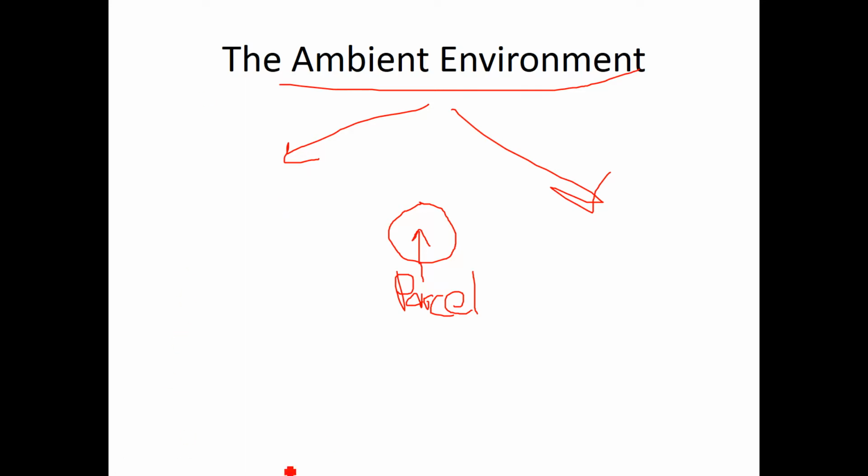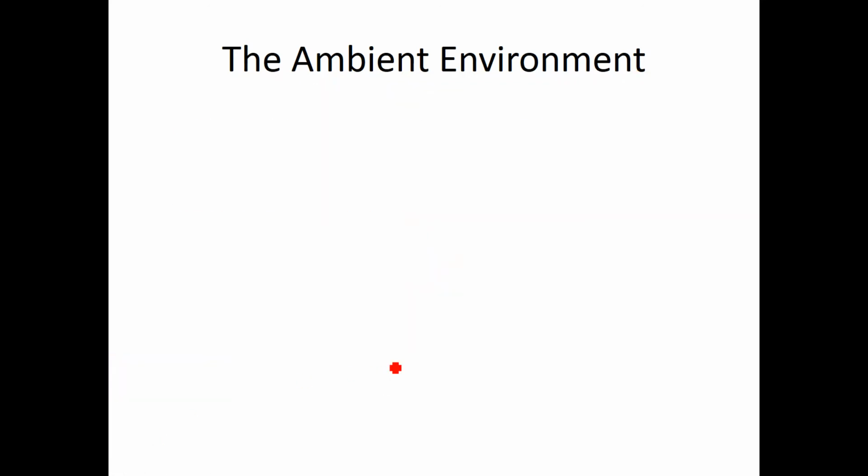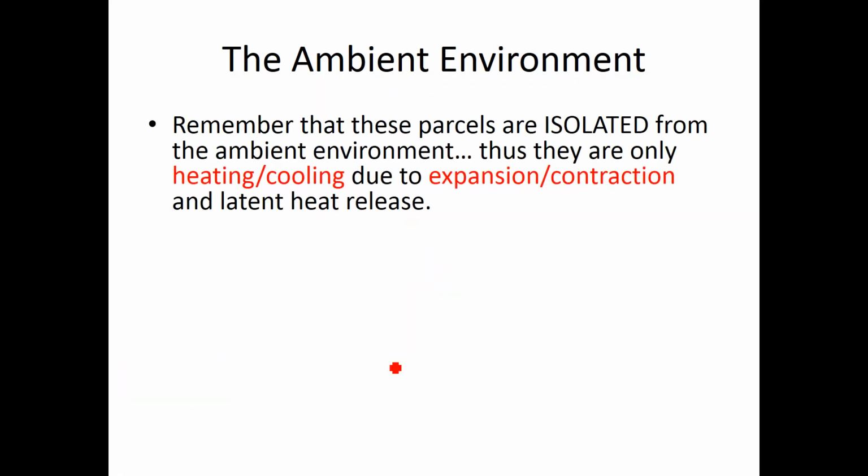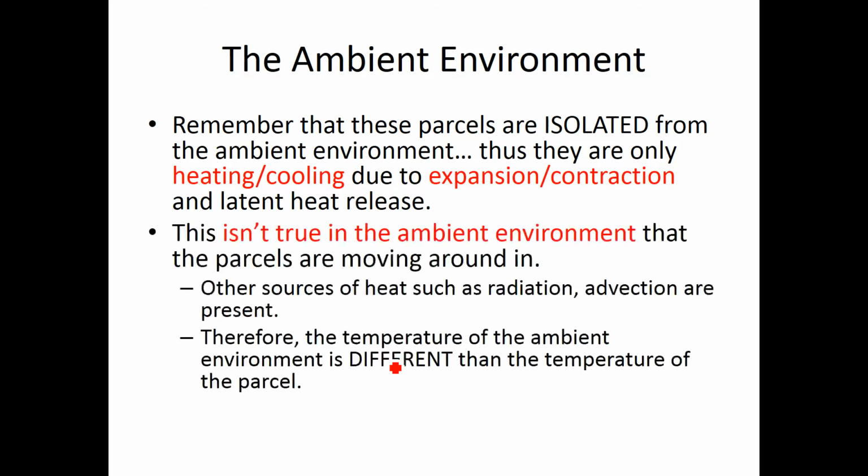And remember, this air outside of the parcel is doing its own thing. It's not cooling adiabatically like the parcel is. So with that said, the parcel is isolated from the ambient environment, and therefore, the parcel itself is only cooling adiabatically. The ambient environment, on the other hand, is completely different.